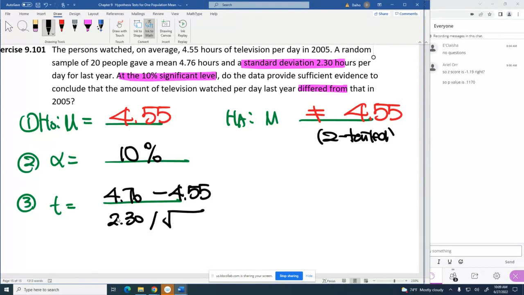And how many in the sample? 20 people. Thank you. So let me see. The mean difference must be 0.21, and the denominator will be 2.3 divided by the square root of 20. Then I have 0.5143. Then the fraction will be 0.5143.